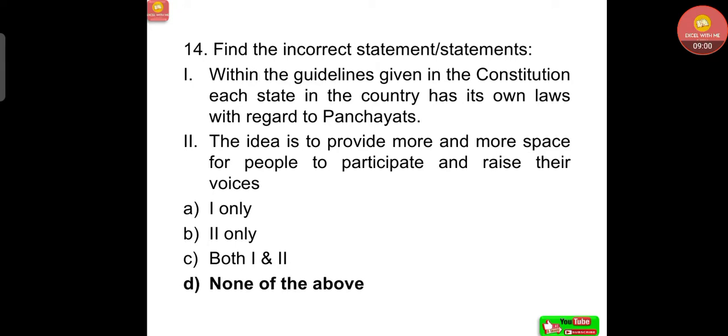Answer, none of the above is incorrect because both are correct statements.